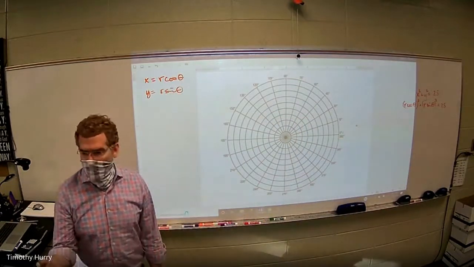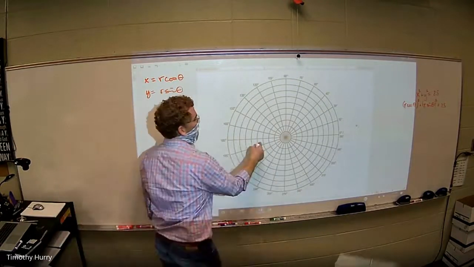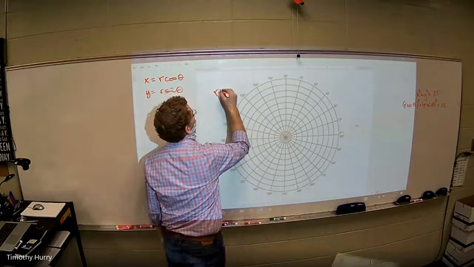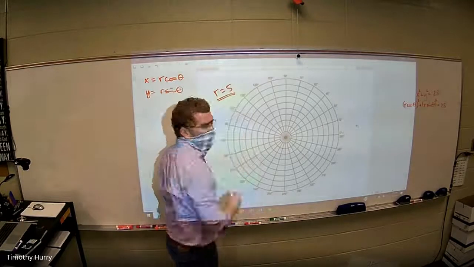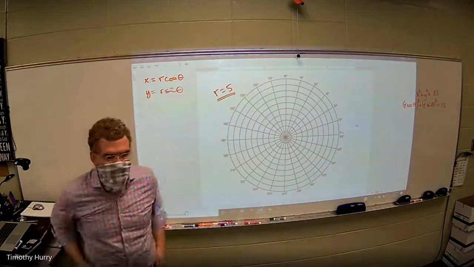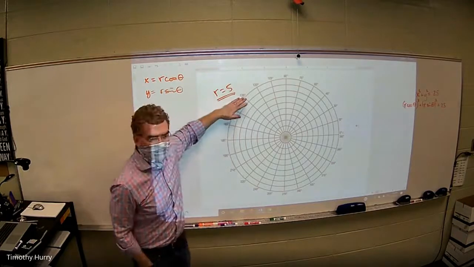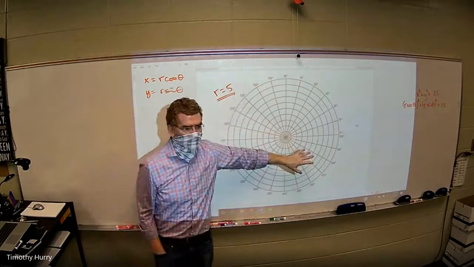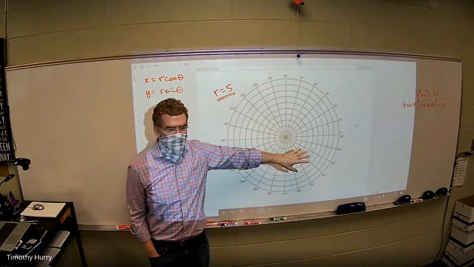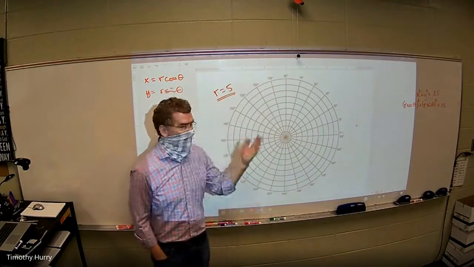And to show you how this makes sense, let me ask you a question. What if I were to give you this right now and say graph r equals 5? In your mind, what is that saying? Like if this is all you have, and I say graph it, it seems to me like it would be a circle because it says nothing about what the angle can be.